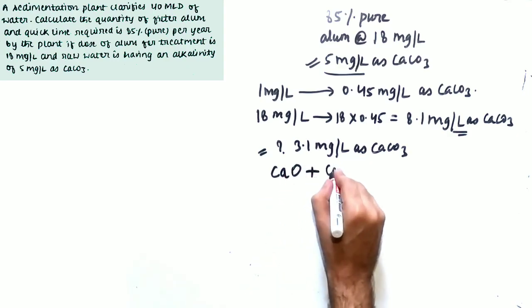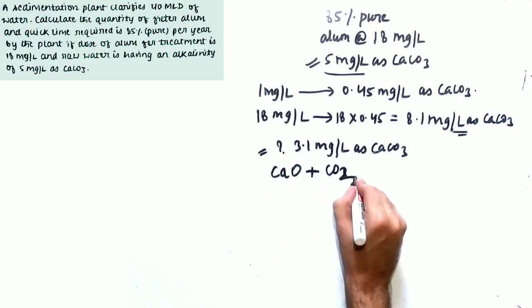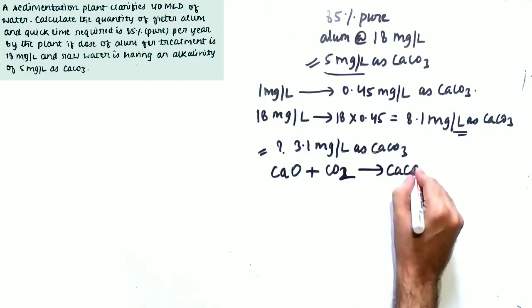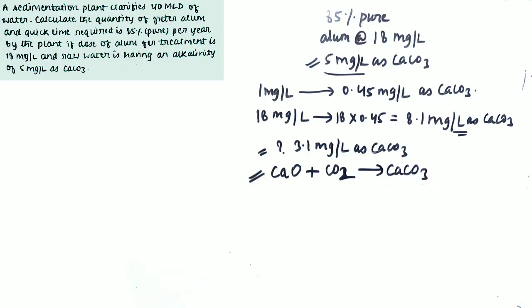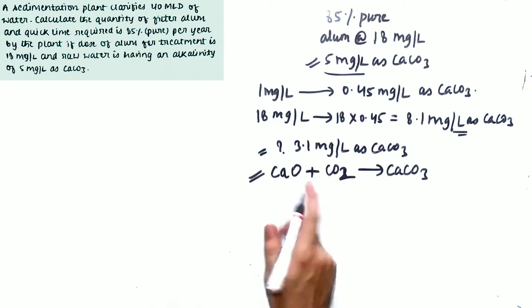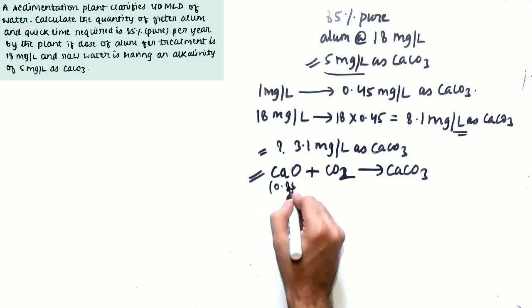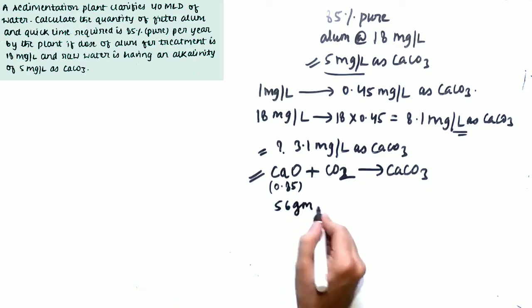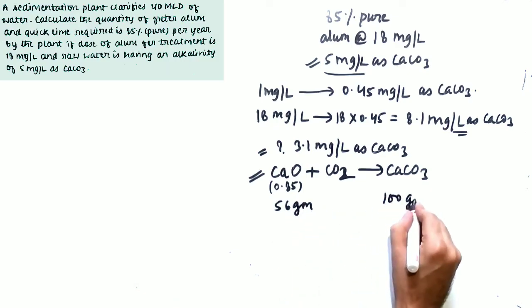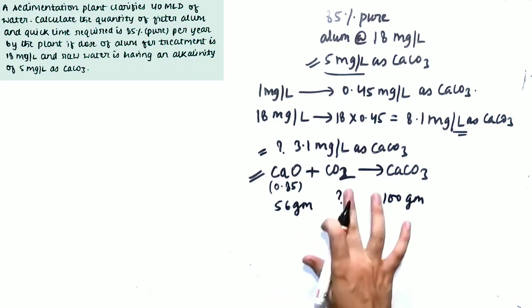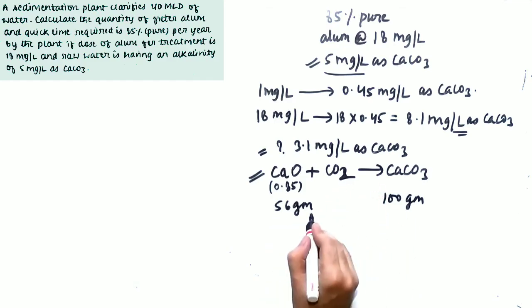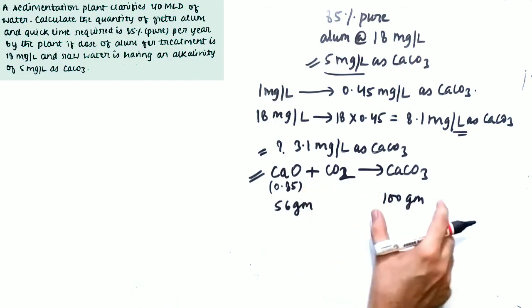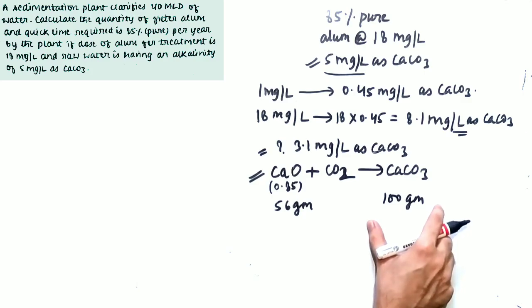When we pass the quicklime to carbon dioxide, it will give CaCO3. This is the process by which we generate the alkalinity. So this is why quicklime is given in the question, and this quicklime is 85% pure. Now see, this is 56 grams and this is 100 grams. The weight of this does not matter at all. 56 gram of lime can give you 100 gram of alkalinity.